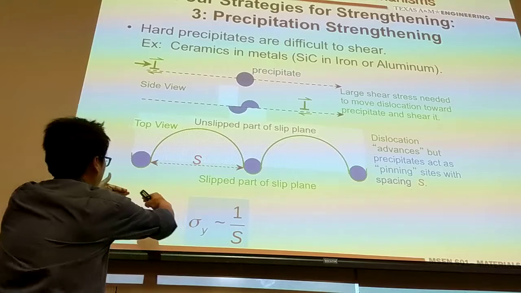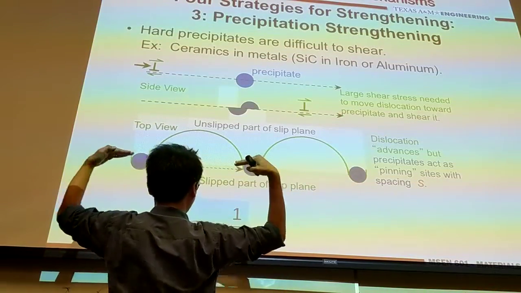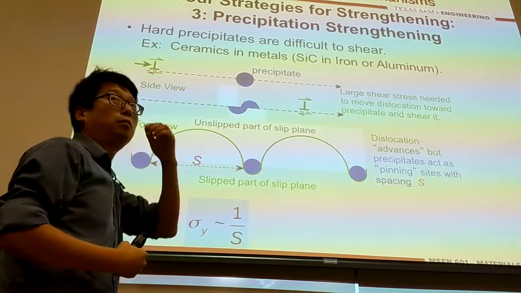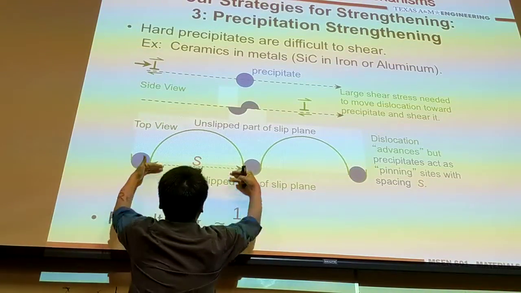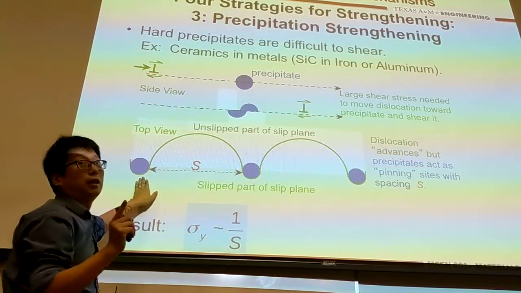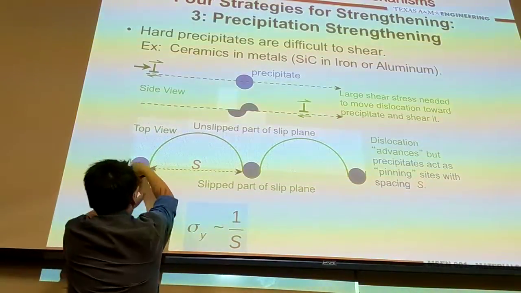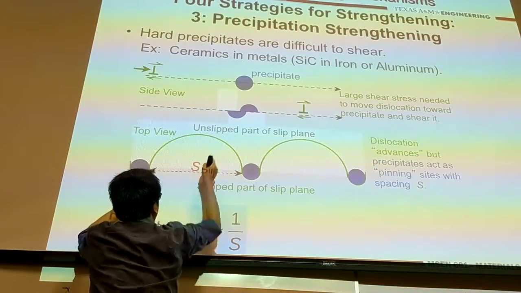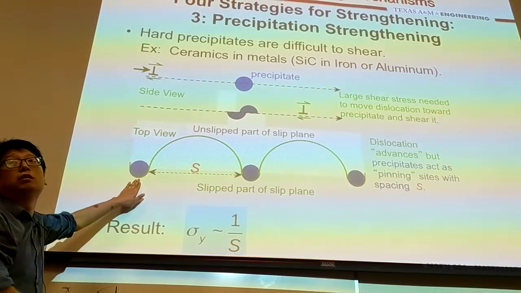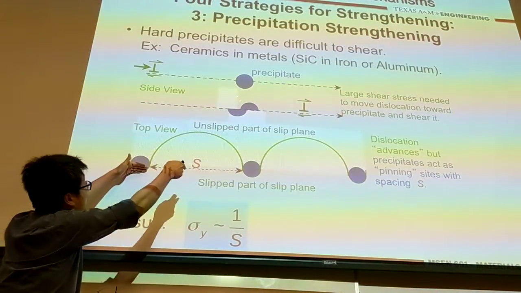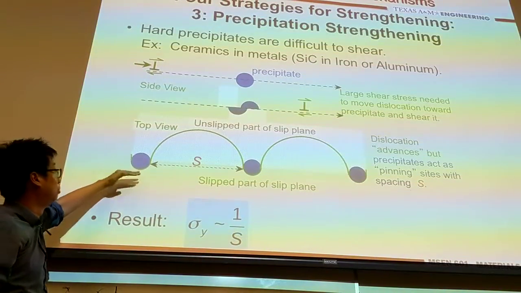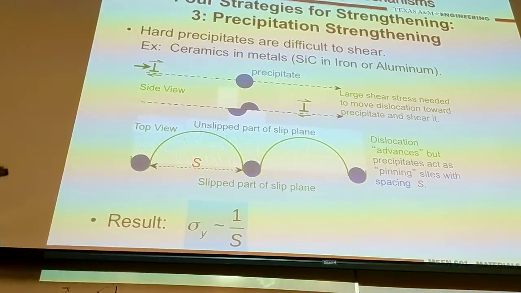In the beginning, I have this dislocation line, like a half atomic plane, moving from bottom to top. When the dislocation encounters the precipitates, the dislocation line can deform around this area and then move across, but through the precipitate itself, it cannot, because you really need a huge shear force to break the bonds in the ceramics.